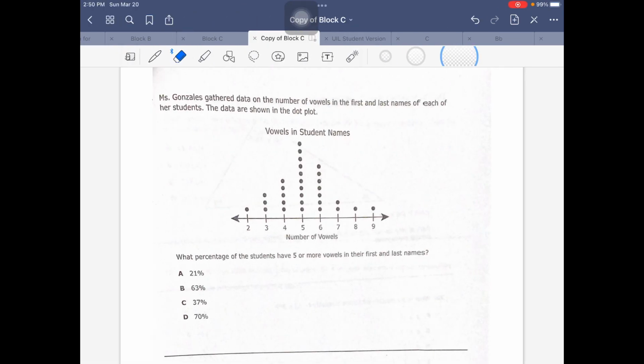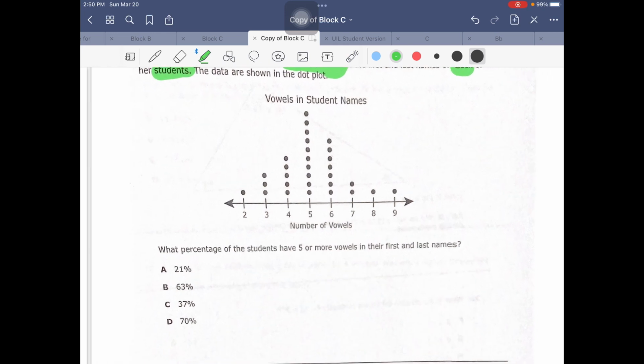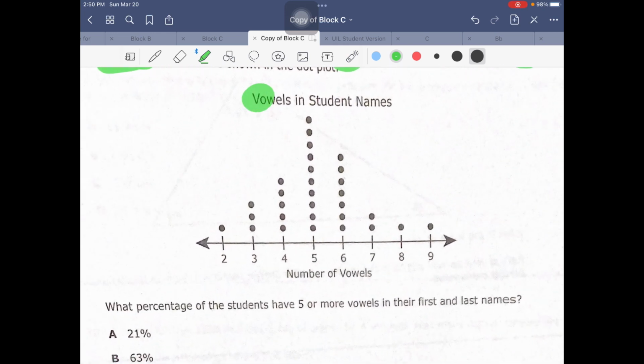Question number 33. Ms. Gonzalez gathered data on the number of vowels in the first and last names of each of her students. The data are shown in the top plot. Now, the data, as we said, was the vowels in students' names.